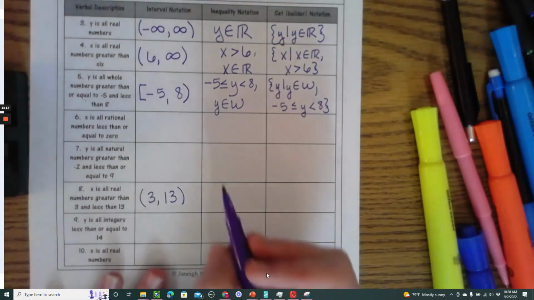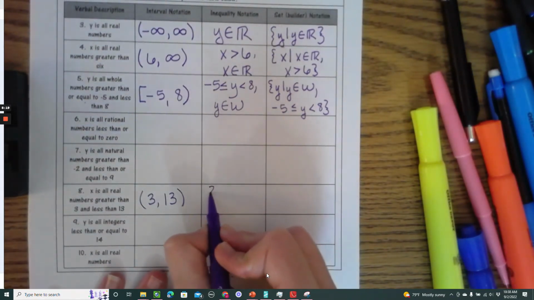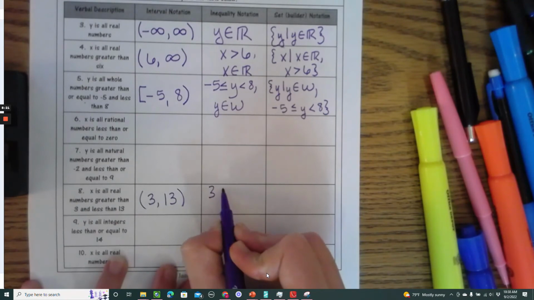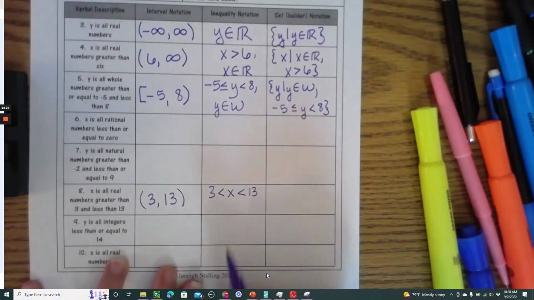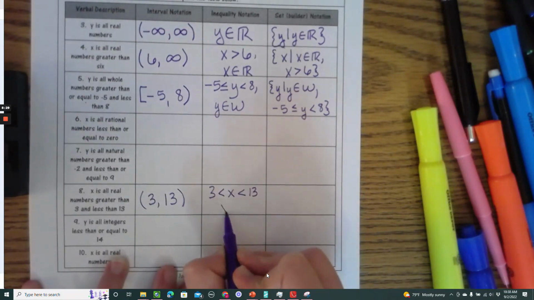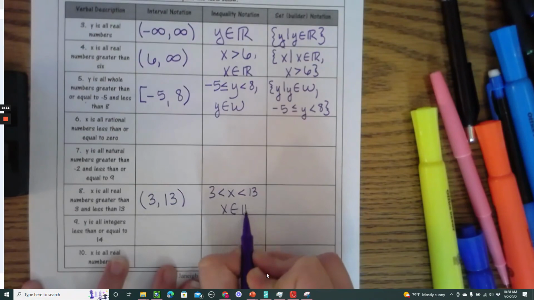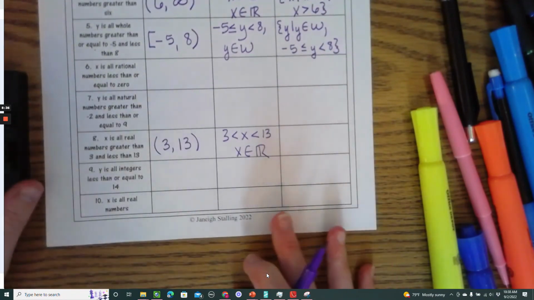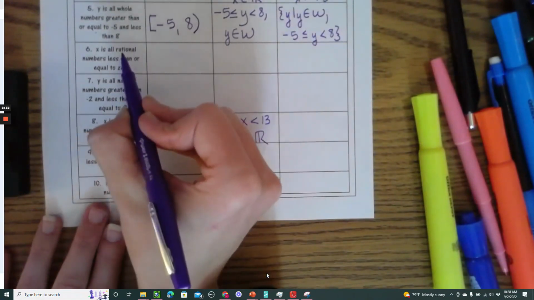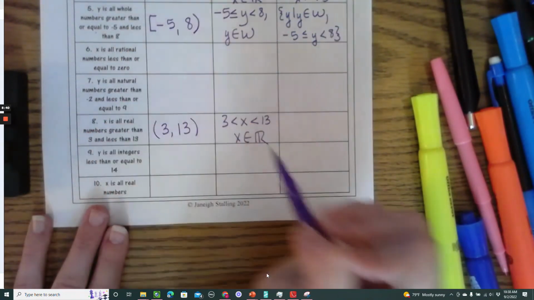All right, as an inequality, 3 is less than x is less than 13. And then x is a member of the set of real numbers. What letter do we use to represent a rational number?